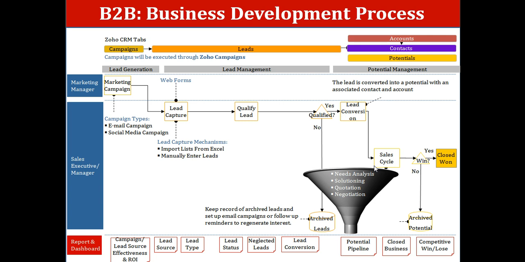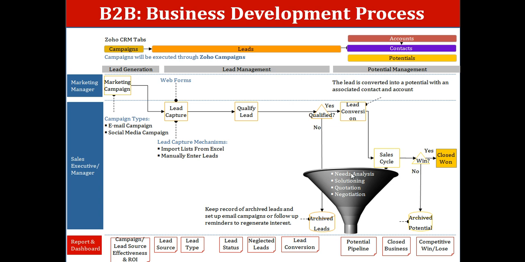There could be different stages of a potential. It might start with needs analysis, where you try and understand the complete requirement from the customer, and then you might do some element of solutioning, like this is how the website would look. Then you might table a proposal or a quotation, and then there could be an element of negotiation. These are the different sales stages.